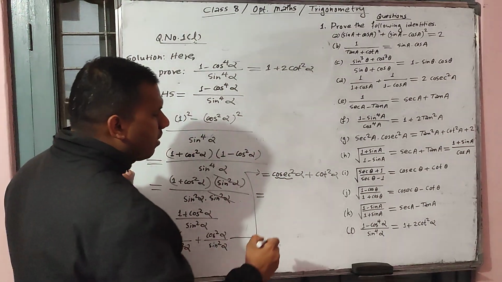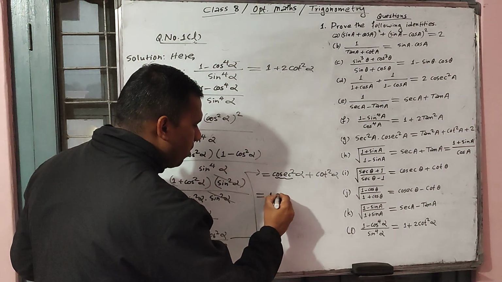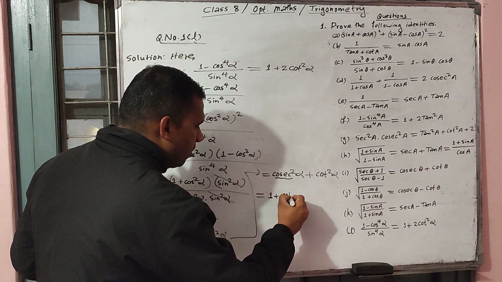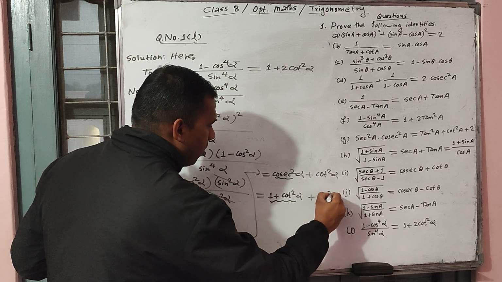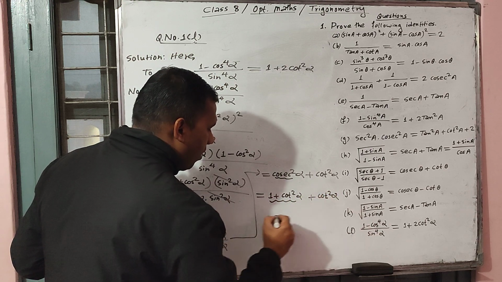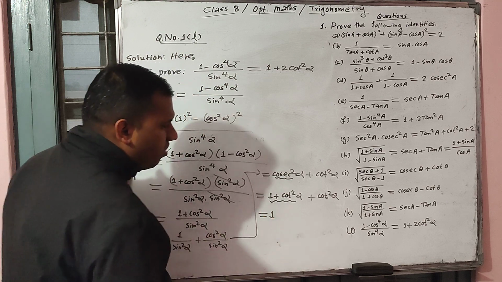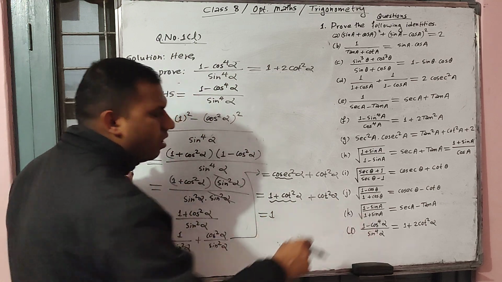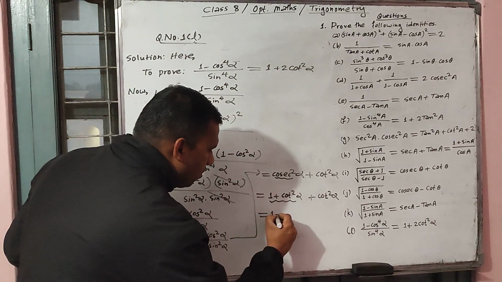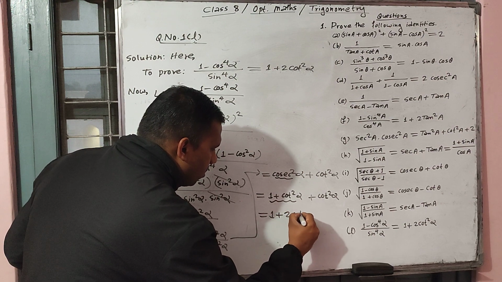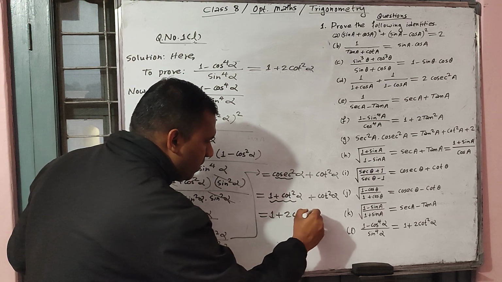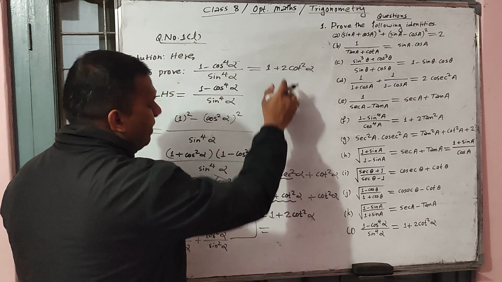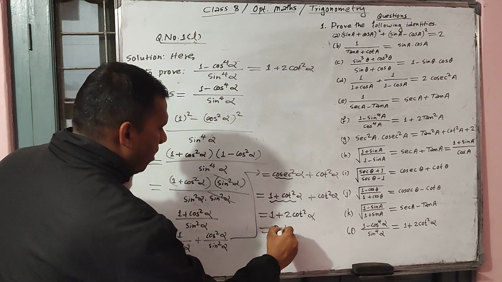So we know cosec square alpha equals 1 plus cot square alpha. Finally, 1 plus cot square alpha plus cot square alpha makes 1 plus 2 cot square alpha. So that is our RHS. Equal to RHS.